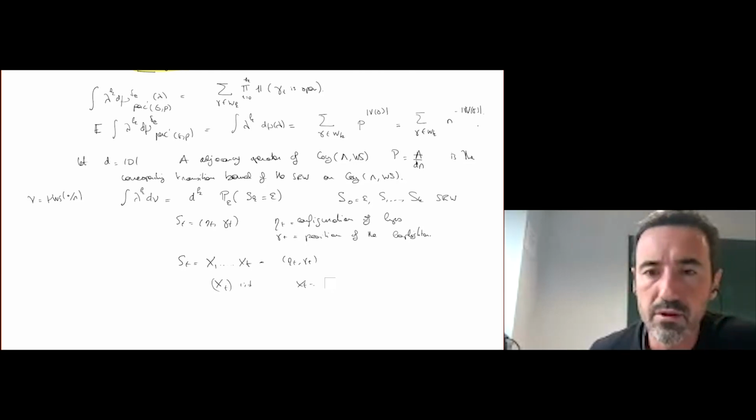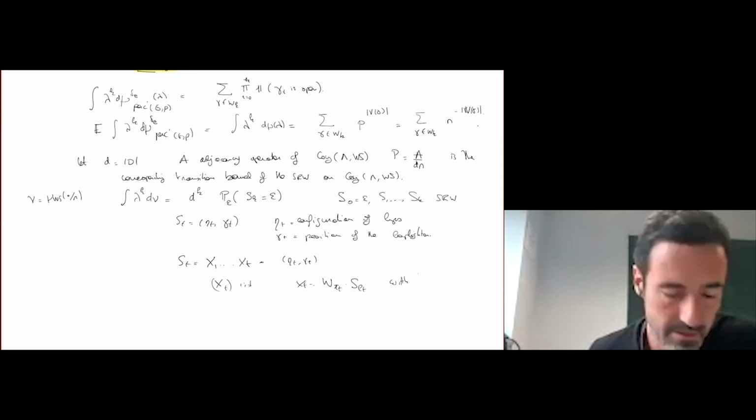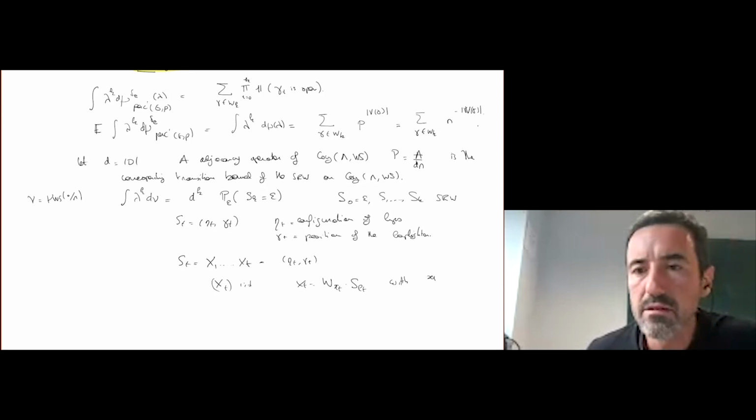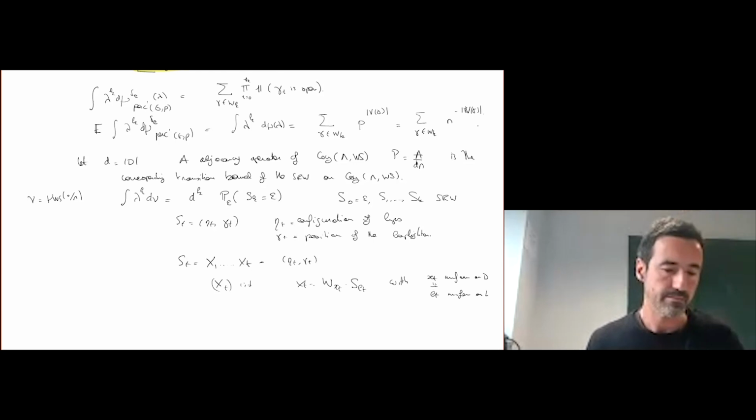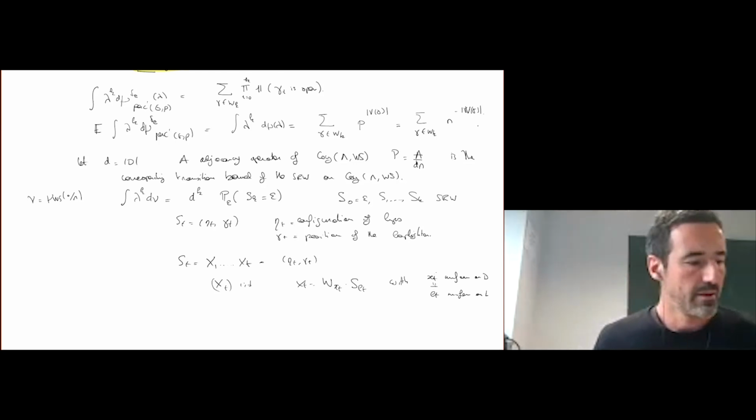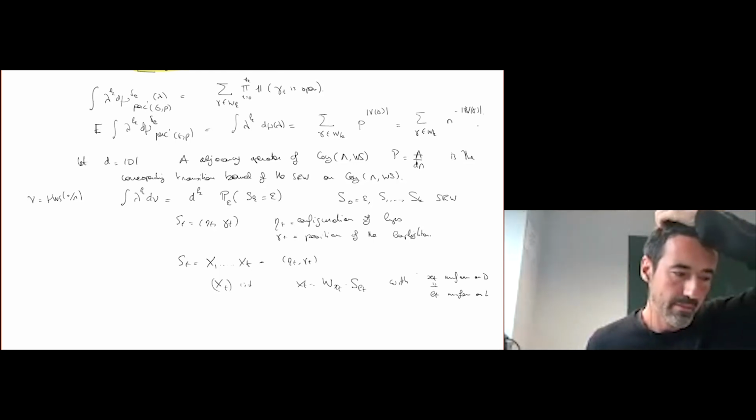So they are of the form x_t, with s_{l_t}, with x_t uniform on D and l_t uniform on L, and both are independent.